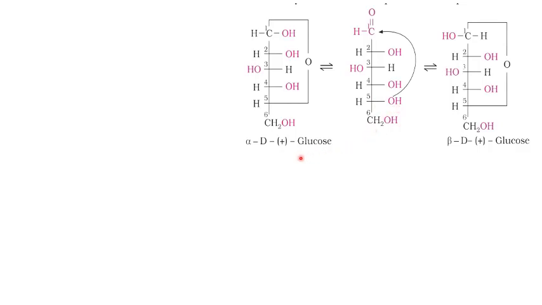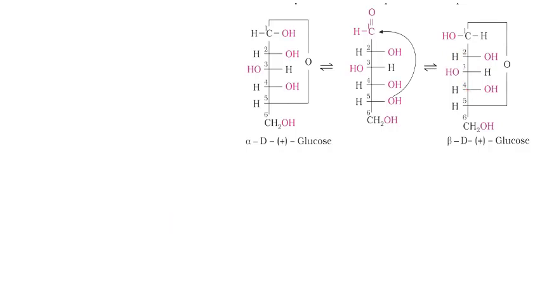Therefore this is D glucose. So now at C1 carbon, the hydroxy group is present on the right side, therefore this is alpha D glucose, and here the hydroxy group is present on the left side of the C1 carbon, therefore this is beta D glucose.